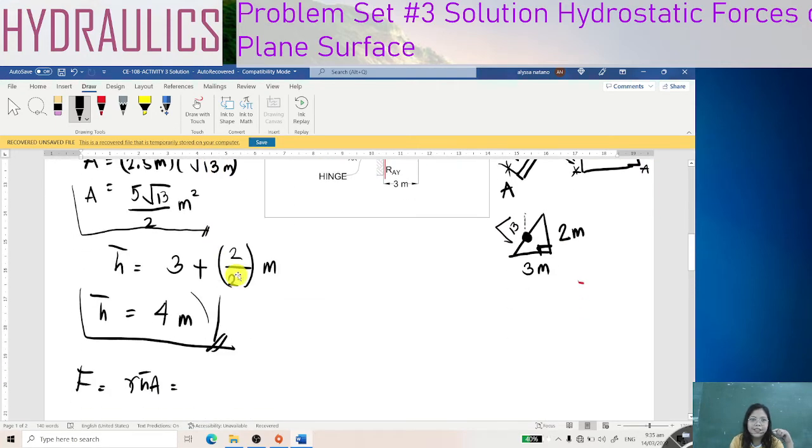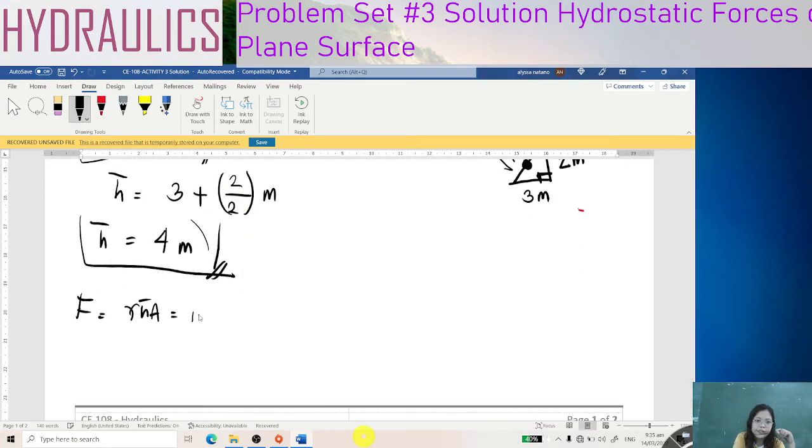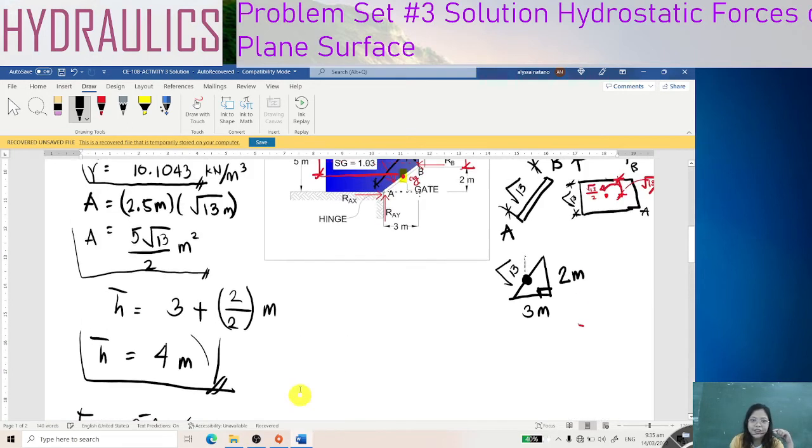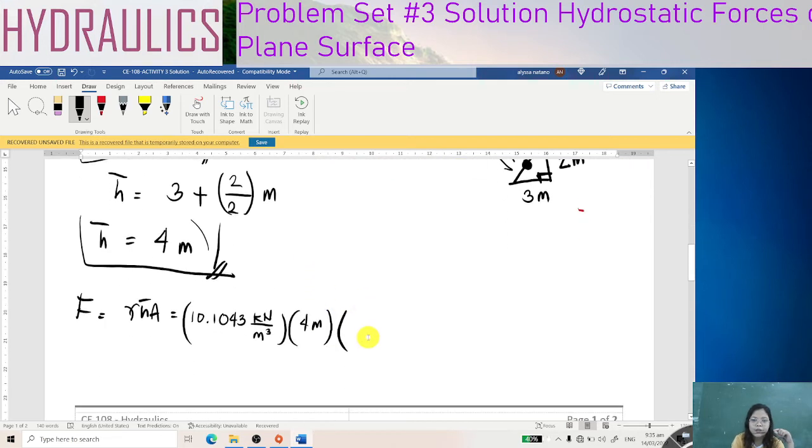So, gamma is 10.1043 kilonewton per cubic meter, multiplied by the H bar is 4 meters, multiplied by the area is 5 square root of 13 over 2 m squared. So, unit analysis, m squared multiplied by m is m cubed divided by m cubed. So, ang matitira mong unit is kilonewton.